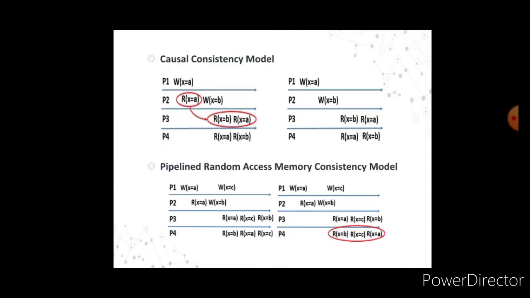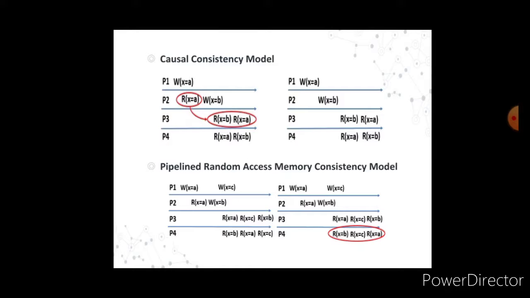The next model is the causal consistency model. In this model, all write operations that are potentially causally related are seen by all processes in the same, that means correct, order. Write operations that are not potentially causally related may be seen by different processes in different orders.